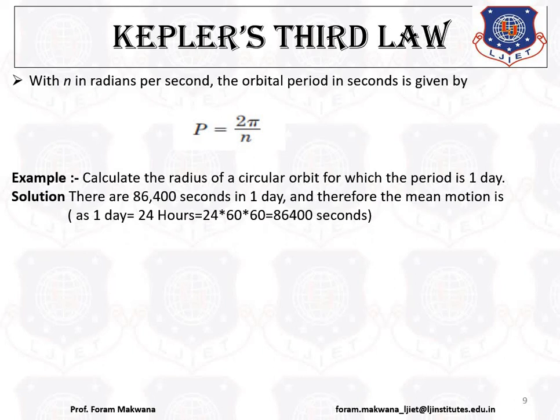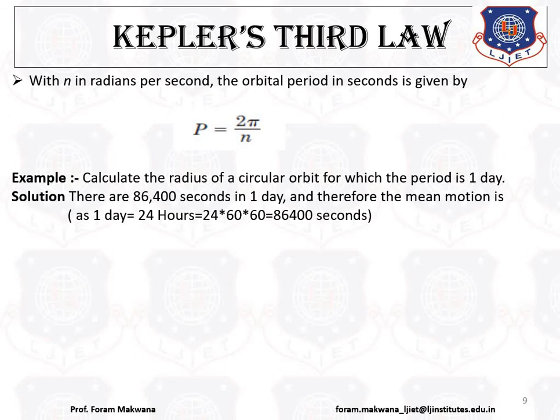Okay. Now, Kepler's third law also gives the orbital period, in seconds, which is represented as a capital P. So P is equal to 2 pi upon n. If we want to calculate the radius of circular orbit, for which a period is 1 day. So over here period is given in terms of day and the unit of period is second.